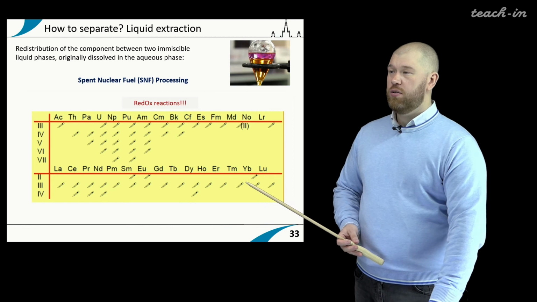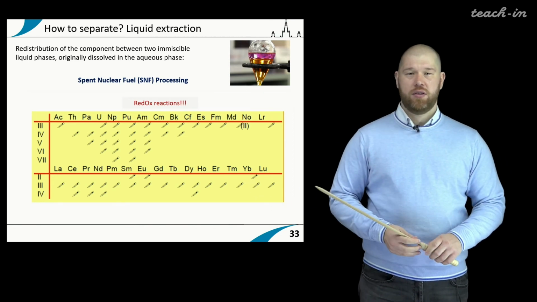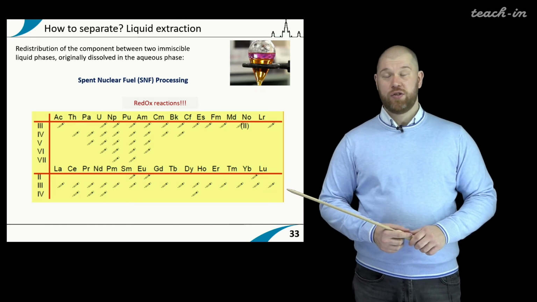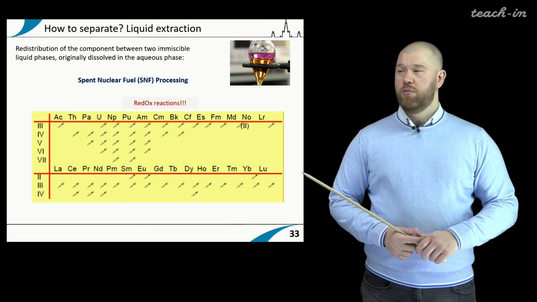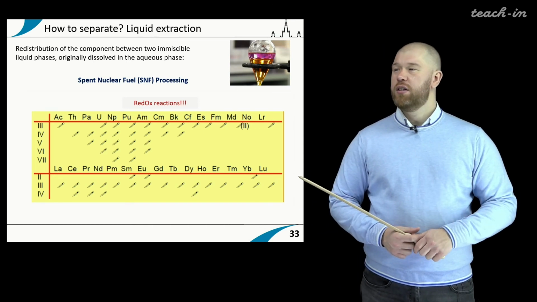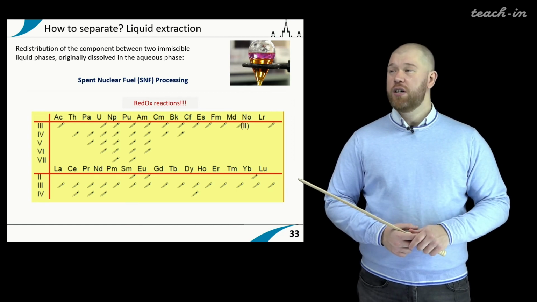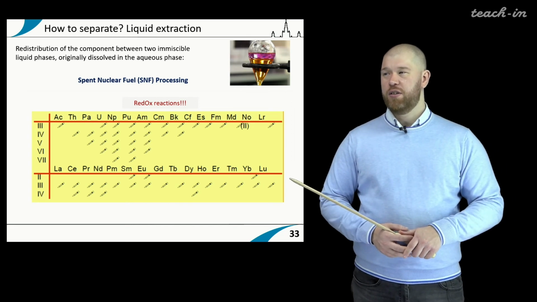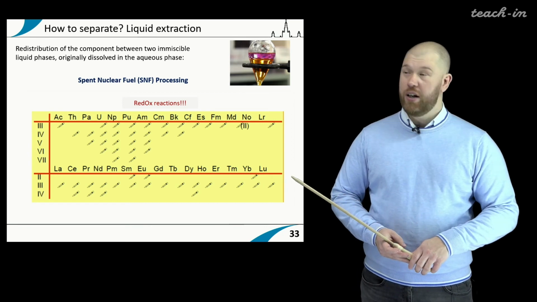For separation, the main method used nowadays is called liquid-liquid extraction, and the main process is the Purex process, which was developed more than 50 years ago, and still it is the main method for separation of uranium and plutonium from all the other elements.